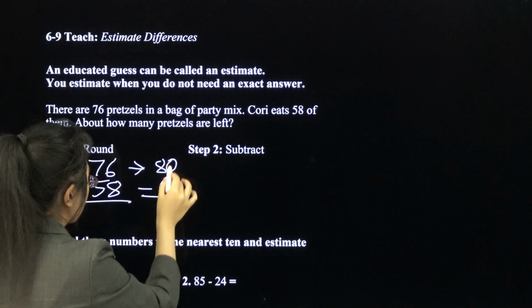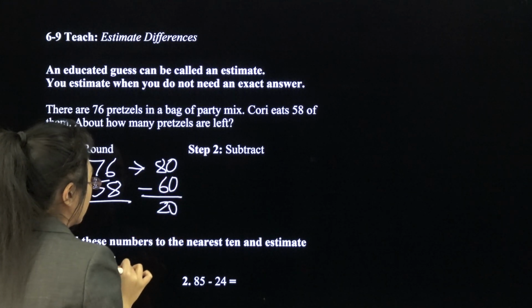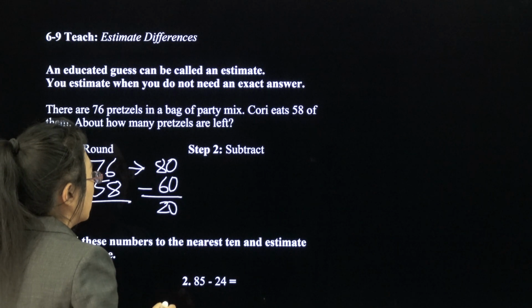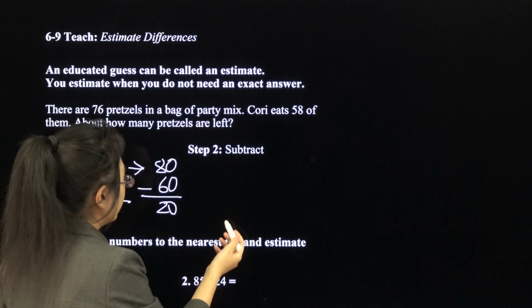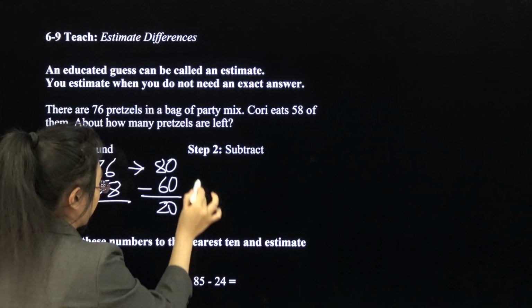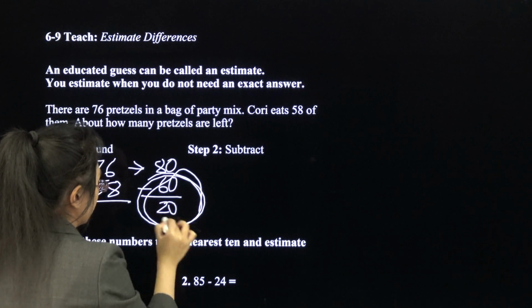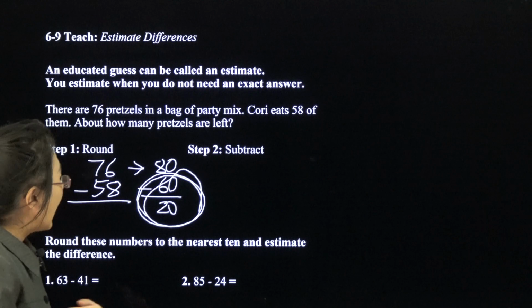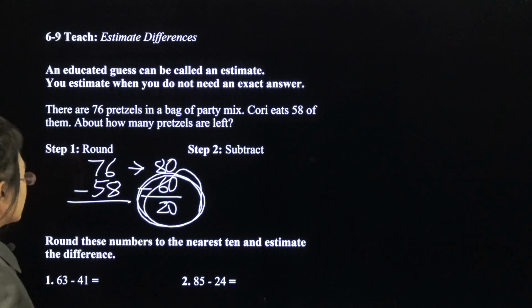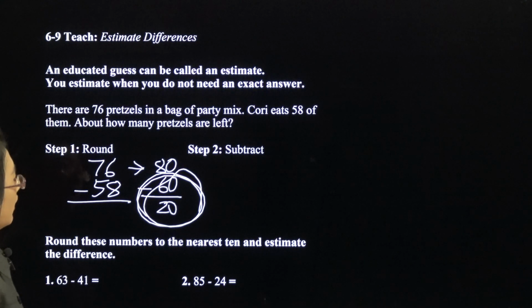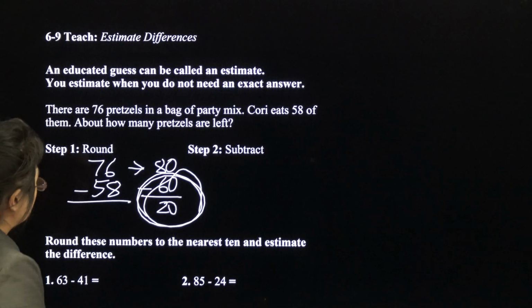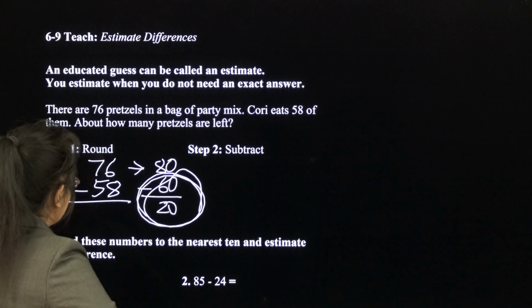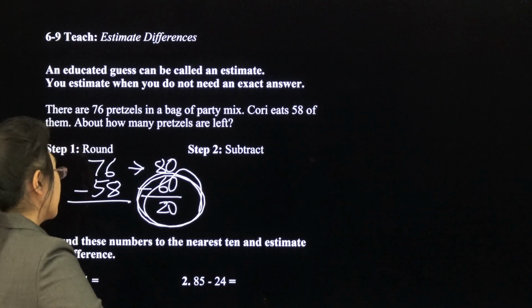Now, we subtract and we get 20. Step 2, subtract, was this part where we subtracted. But personally, I want to find out how good my estimation was. So what's 76 minus 58? 6 minus 8 doesn't work.